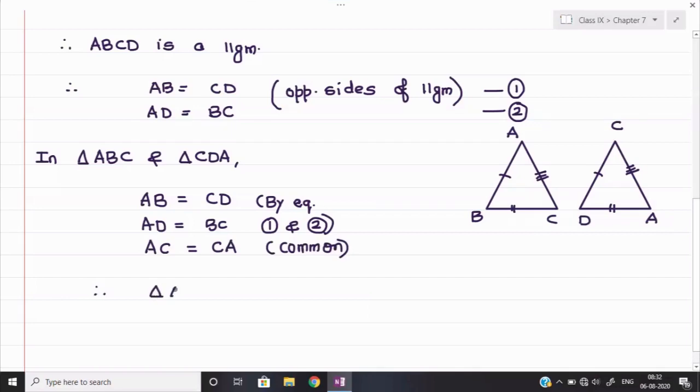So we can say that triangle ABC is congruent to triangle CDA. And if these two triangles are congruent, we can say by which rule? Side, side, side rule. Okay, and this was only required to prove, so we can write down now, hence proved.